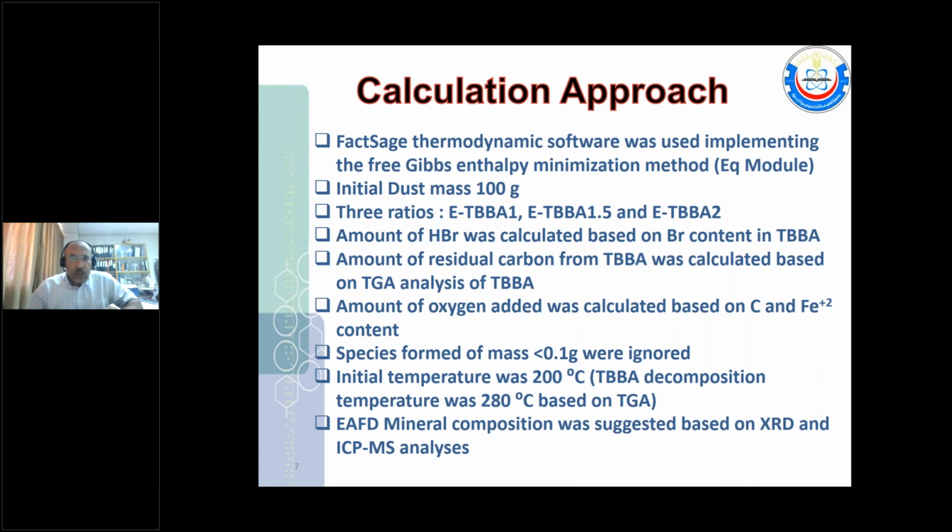Okay, and we use the amount of the HBr here and put it in the software to react with the electric arc furnace dust components.